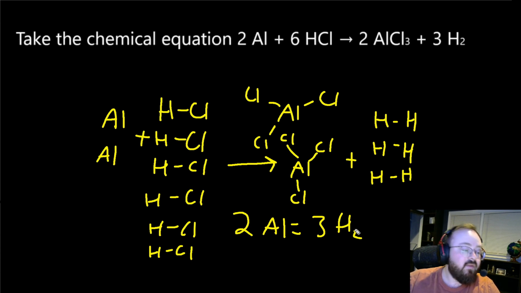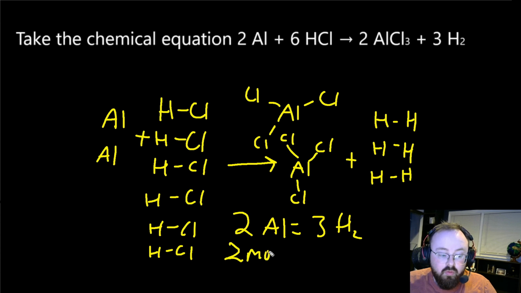For every time that I have aluminum, I will have the same amount of aluminum chloride, AlCl3. The number of distinct molecules or atoms or formula units, whatever it is. So 2 aluminums will equal 3 H2s. 2 dozen aluminums will equal 3 dozen H2s. 2 moles of aluminum will equal 3 moles of H2.